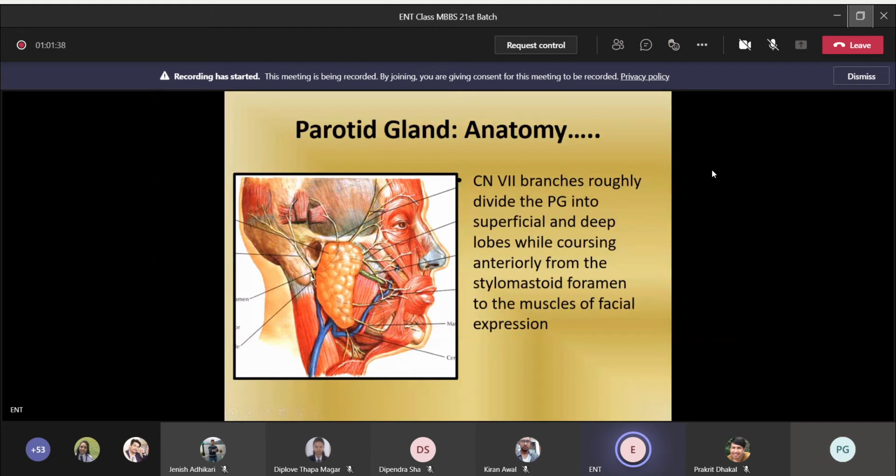This facial nerve arising from the stylomastoid foramen branches into two: the cervicofacial and the temporofacial. These two branches and five other branches arise from the facial nerve. So the whole of the facial nerve with its branches divides the parotid gland into two parts, the superficial lobe and the deep lobe.